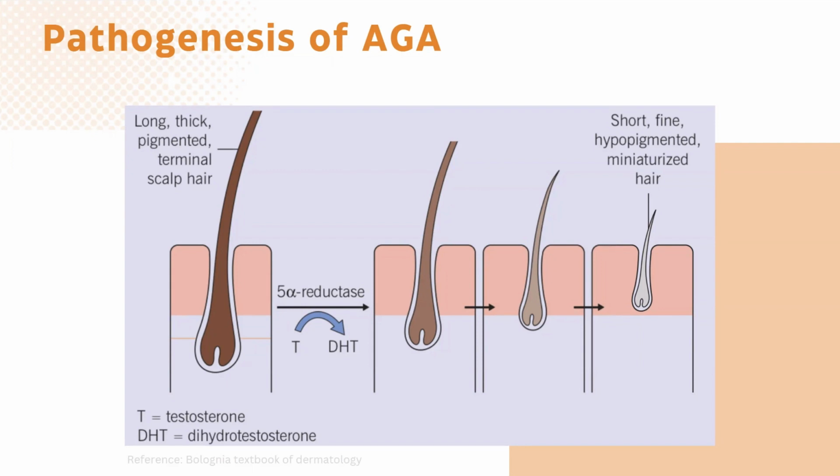So what causes all these changes is androgen. Testosterone gets converted into dihydrotestosterone, the active form. What converts it is an enzyme called 5-alpha reductase. It acts to convert the androgen from testosterone to dihydrotestosterone, the active form, so it will make all these changes.